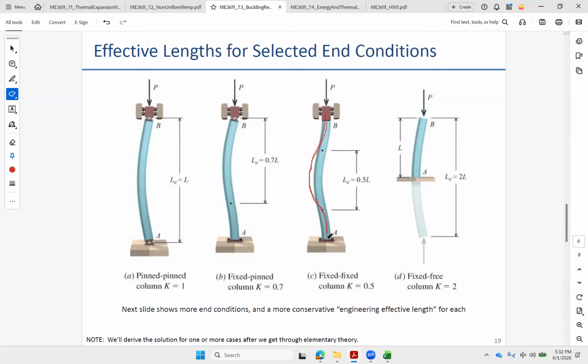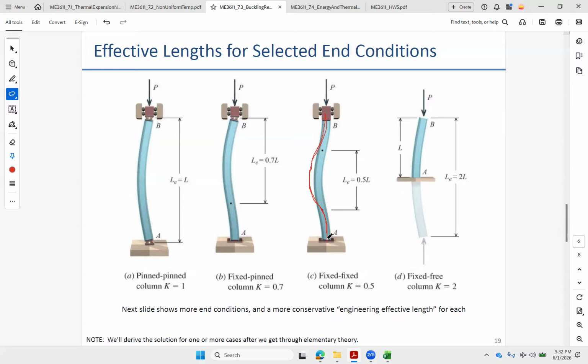And since I'm pinned there and there, I got no moment. Well, I got definitely a moment here and a moment on this end because it's fixed and I see some frowny face curvature, but then it goes to smiley face, then it goes back to frowny face. So where that curvature goes to 0 is the same as where the curvature and moment went to 0. That's my characteristic length.